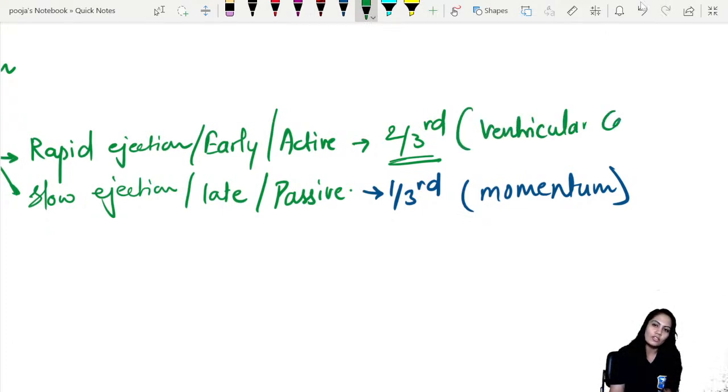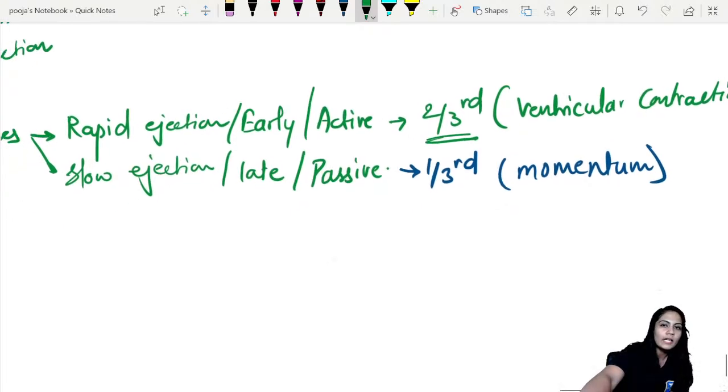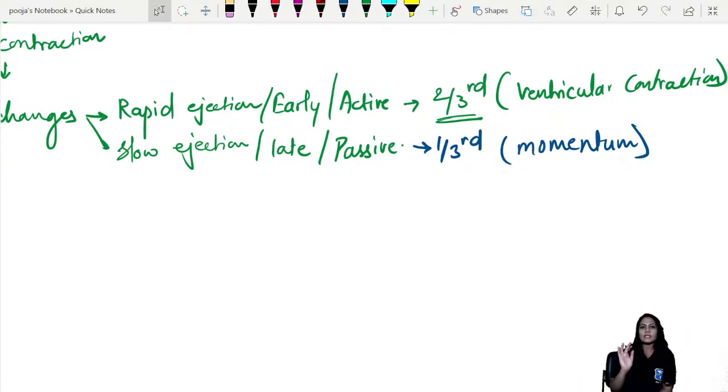Obviously, whenever contraction occurs, that means muscles are contracting, and you know that muscular contraction is always and always active. So if somebody asks you what is the slow ejection, late ejection, or passive ejection, you have the answer: after the early ejection, once the 2/3 blood is gone, the remaining 1/3 volume of the blood flows due to the momentum that is gained during the ventricular contraction.